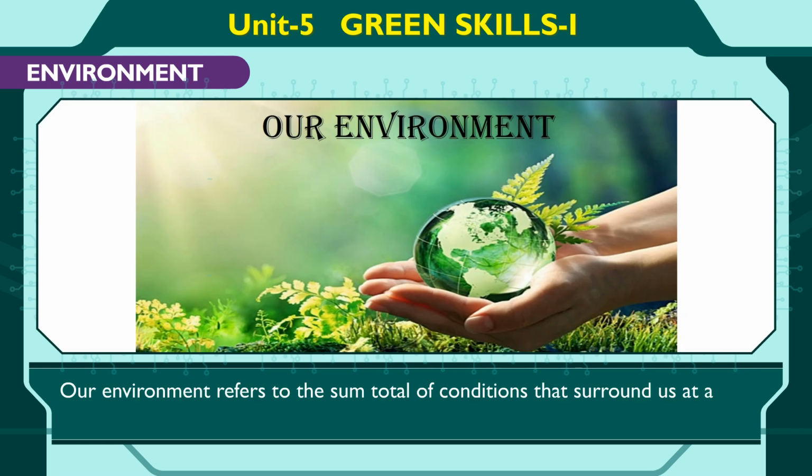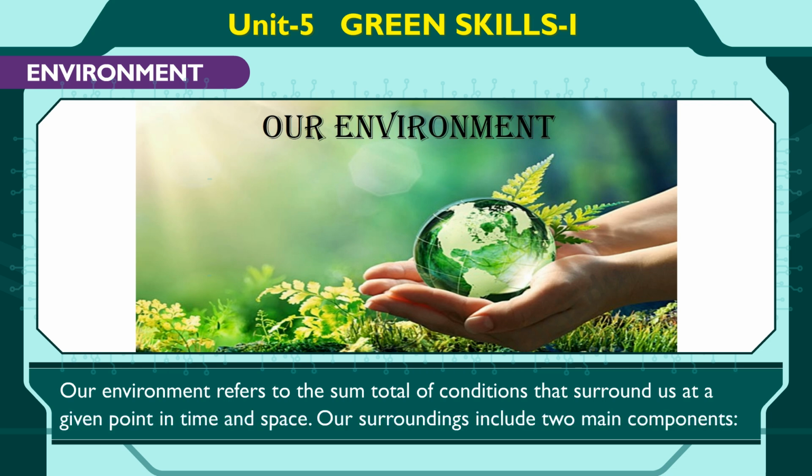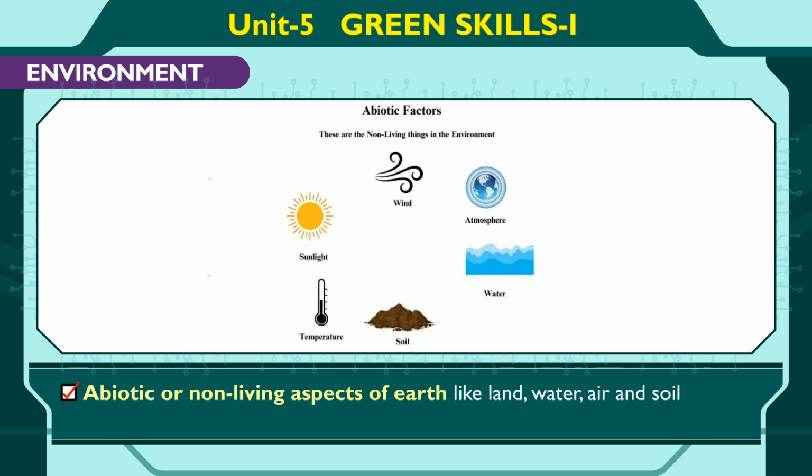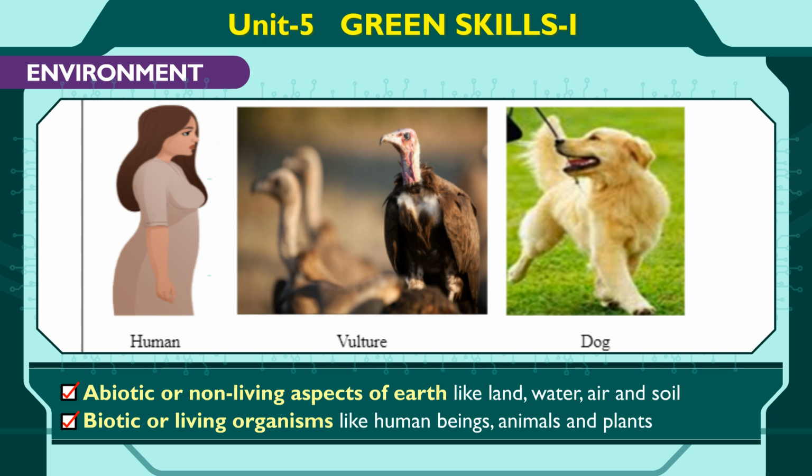Our environment refers to the sum total of conditions that surround us at a given point in time and space. Our surroundings include two main components: abiotic or non-living aspects of earth like land, water, air and soil, and biotic or living organisms like human beings, animals and plants.